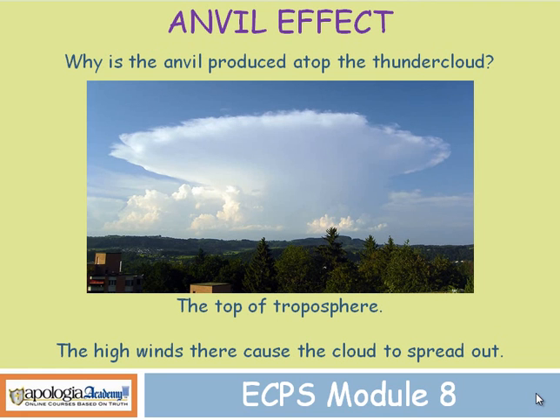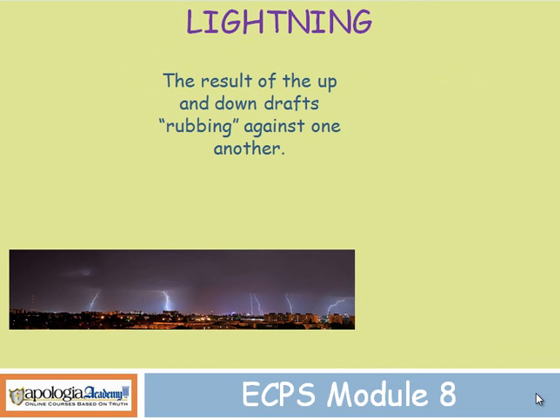Now, one of the most interesting things about a thunderstorm is this concept of lightning. Have you ever had a static electricity shock? Happens all the time where I'm from here, especially in the winter time because it's dry air. We take our feet and we rub them across the carpet.